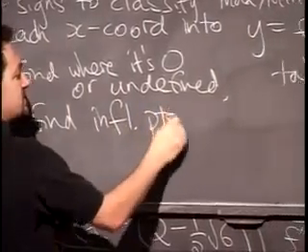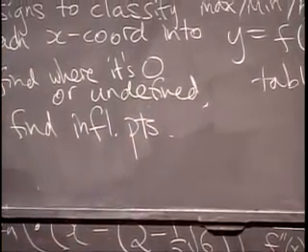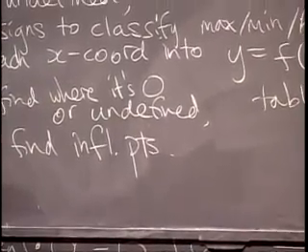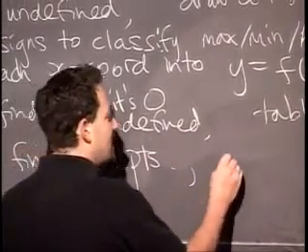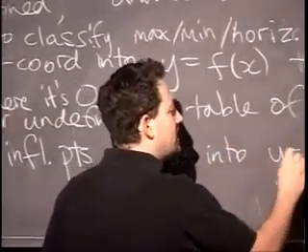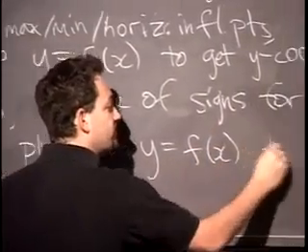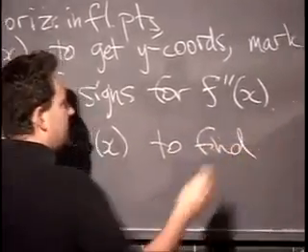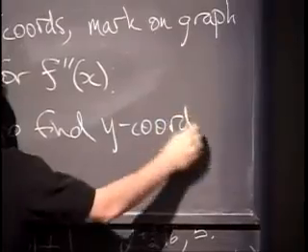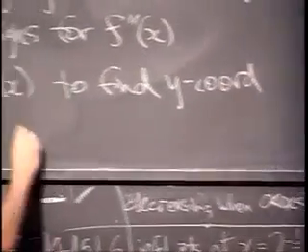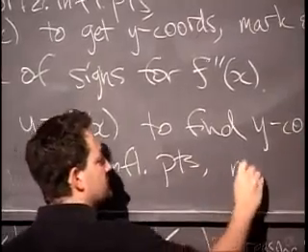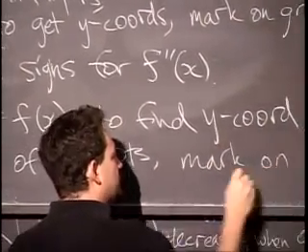Again, most of the time, if the second derivative is 0, you do have an inflection point, but as we saw before, you may not. So you have to use the table, and then again plug each one into y equals f of x to find the height, or the y-coordinate, of the inflection points. And finally, mark on the graph.